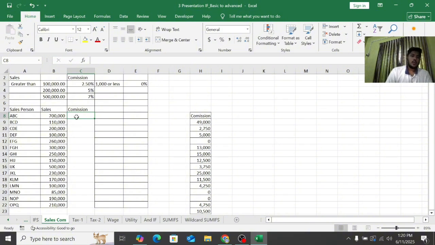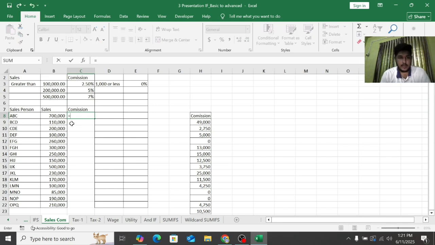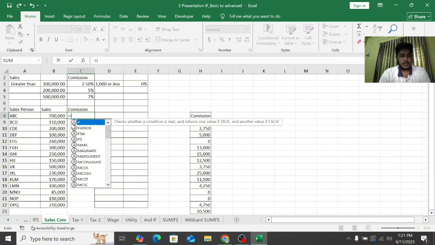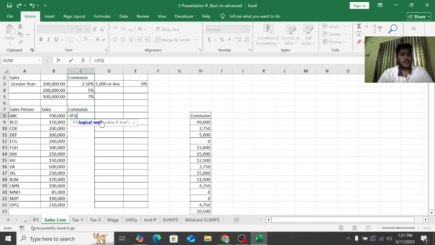For this we are going to use the if function, as there are more variables to calculate. So first we have to understand the condition.